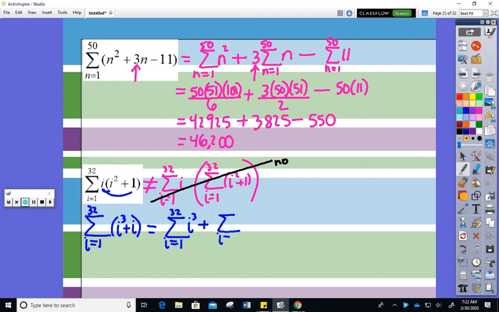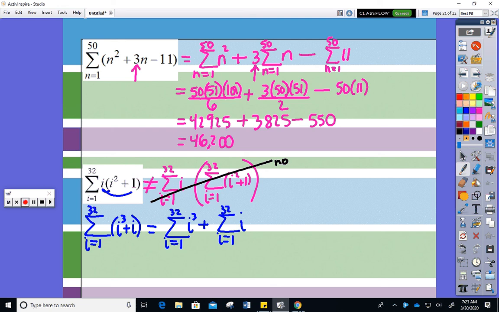So you're allowed to separate parts if all you're doing is summing. If you're adding or subtracting, because subtracting, of course, is just adding a negative, you're allowed to separate the parts as long as you're just pulling out a number that you're multiplying by the variable expression. So now I've got it back in familiar terms.